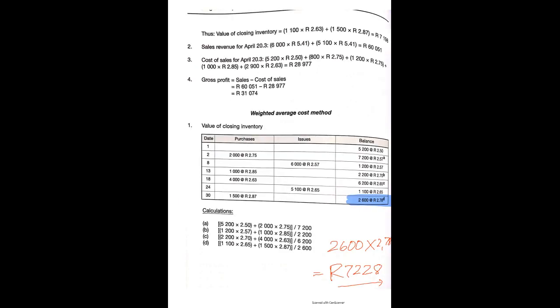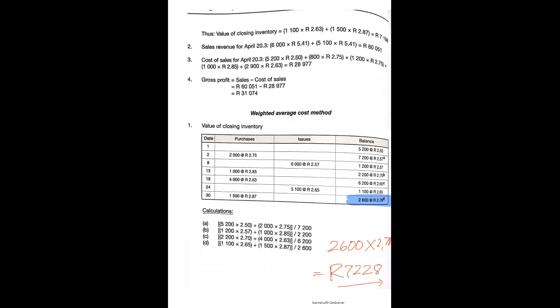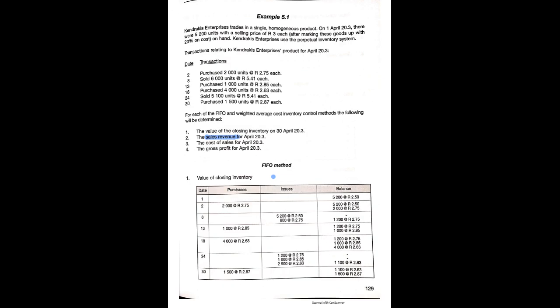Then the next one was they asked you for your sales. So your sales revenue is calculated in the exact same way that we had earlier. 6,000 units were sold at 5 Rand 41 was the selling price, and 5,100 also at 5 Rand 41. Because they have the same selling price, you can say 6,000 plus 5,100 times the one selling price of 5 Rand 41.